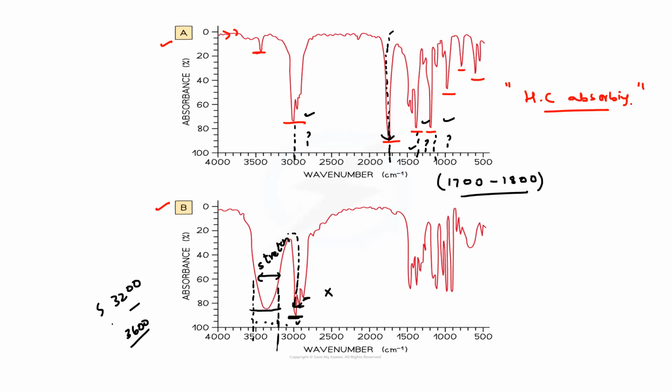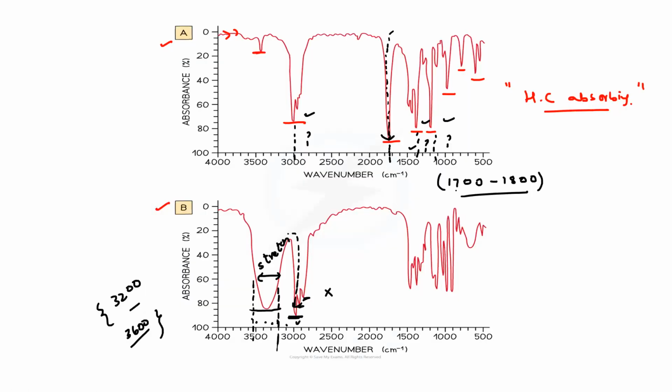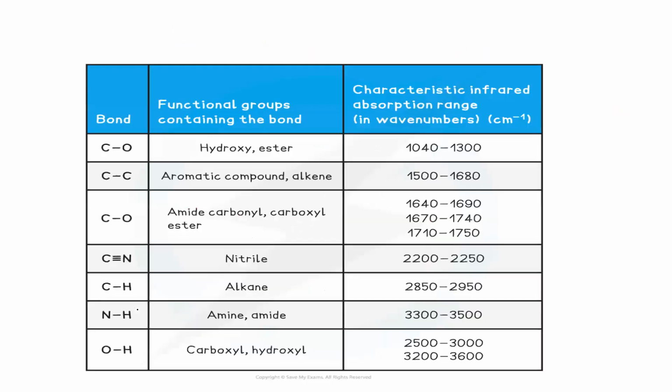Do you get this? So we can say, comparing on this table, that the first one was something around 1700 to 1800, and the other one is 3200 to 3600. So 1700 to 1800 might be right, and then 3200 to 3600 might be right.